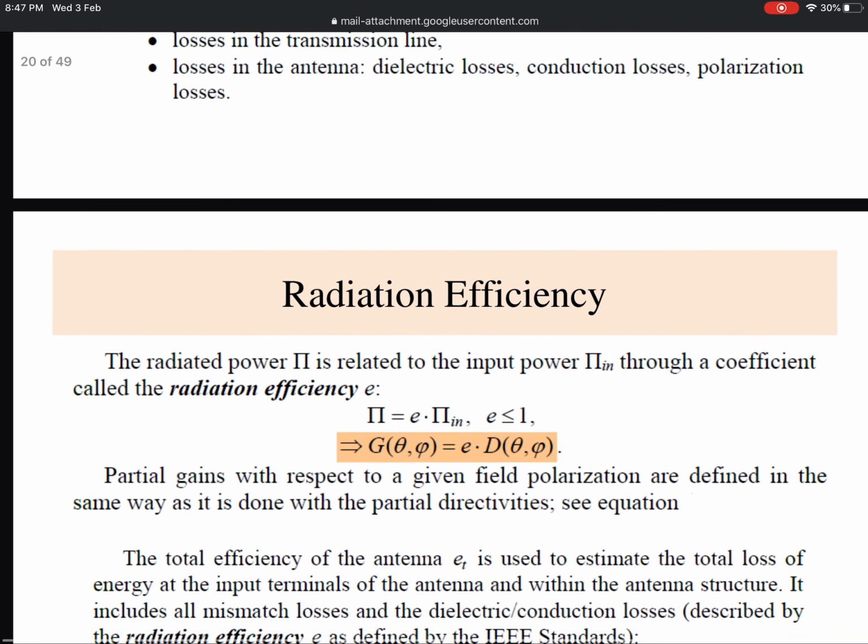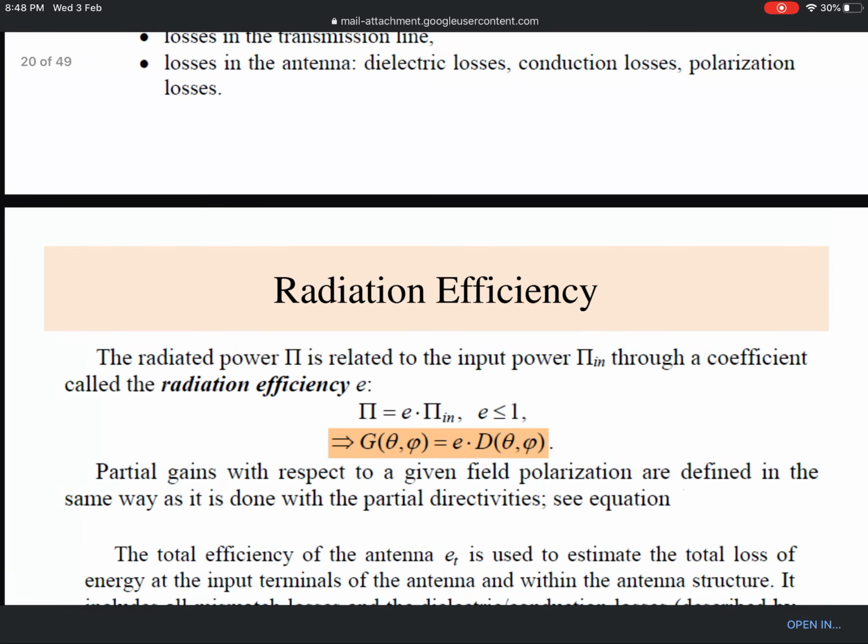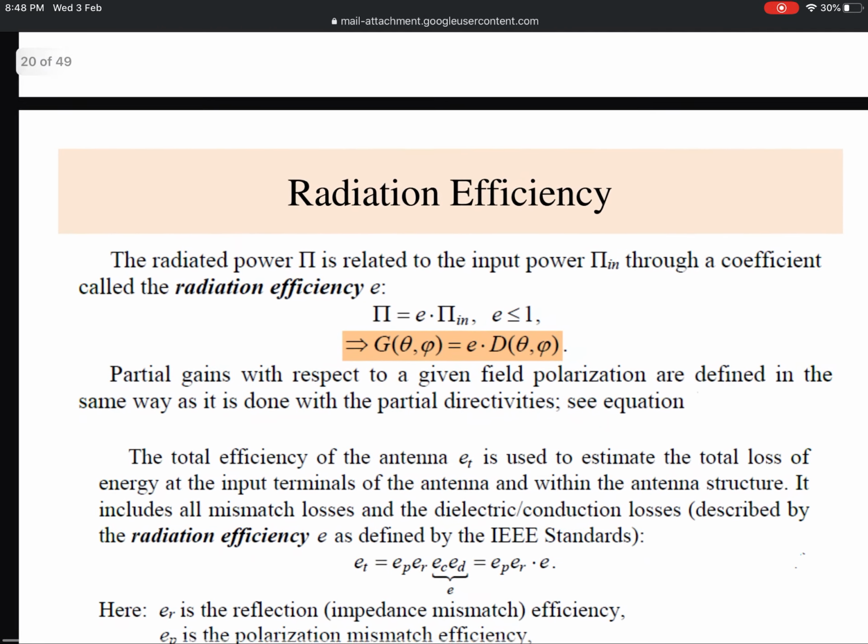So the radiation efficiency is the next parameter, and this radiation efficiency is the parameter which links the gain and directivity. Whatever power is coming is not all going to get radiated because of the losses. So if we multiply the directivity with a fraction, we get the gain, and that fraction is nothing but the efficiency.